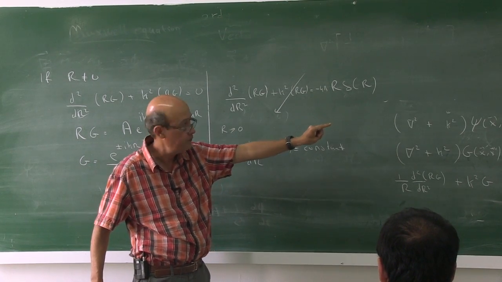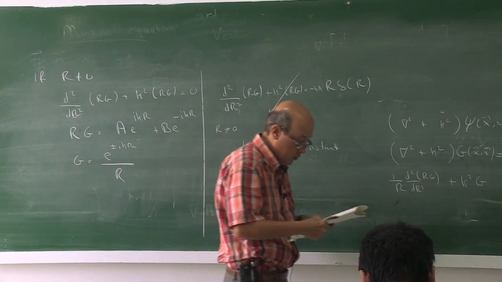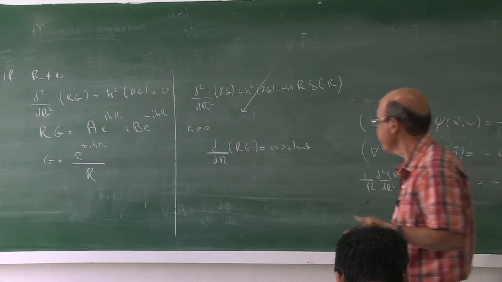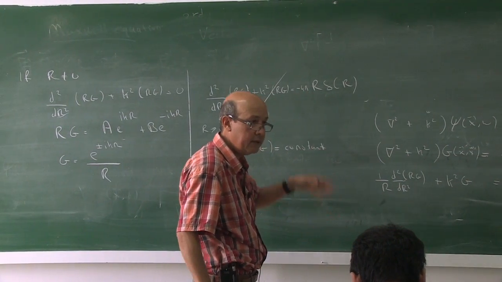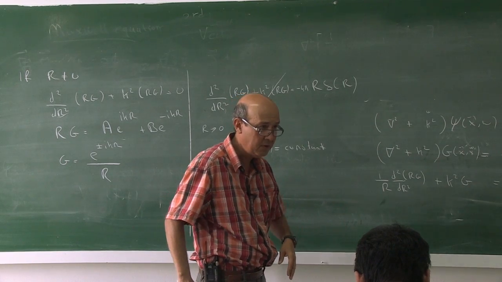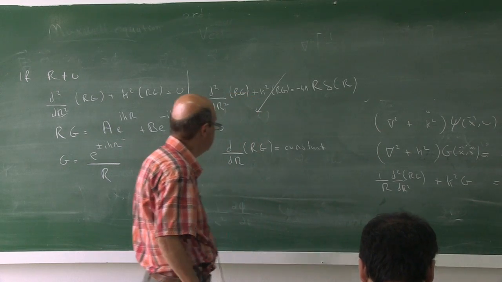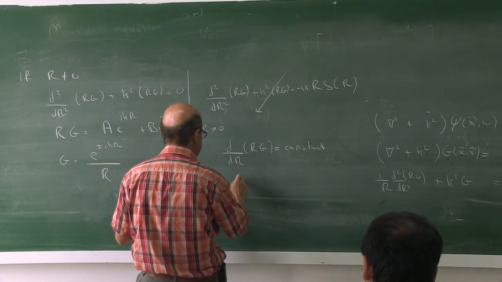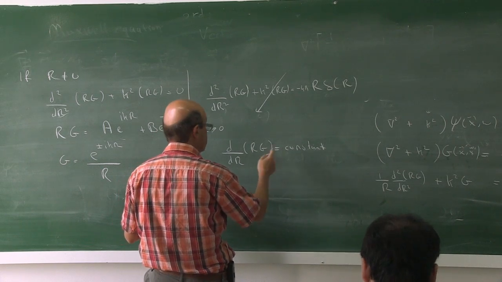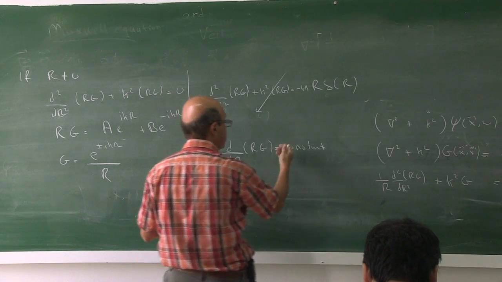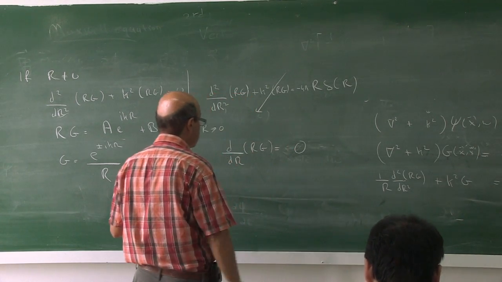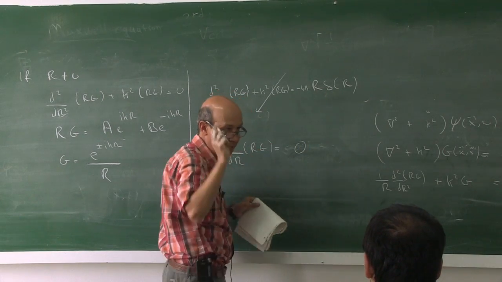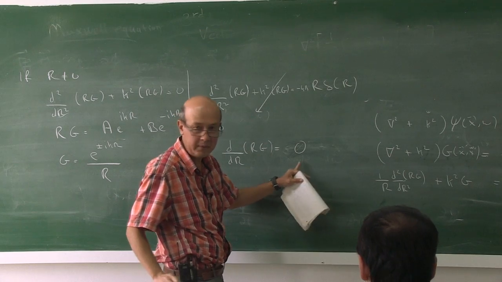Okay. I am sorry, this is 0. If I integrate both sides, r times the delta function will be 0.